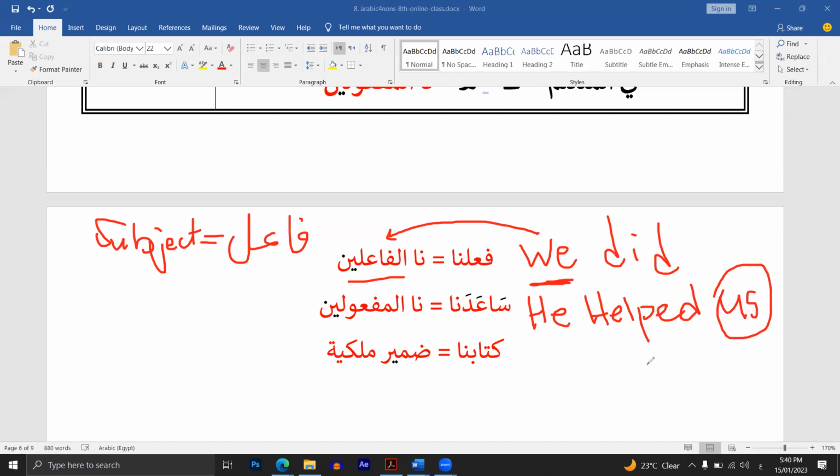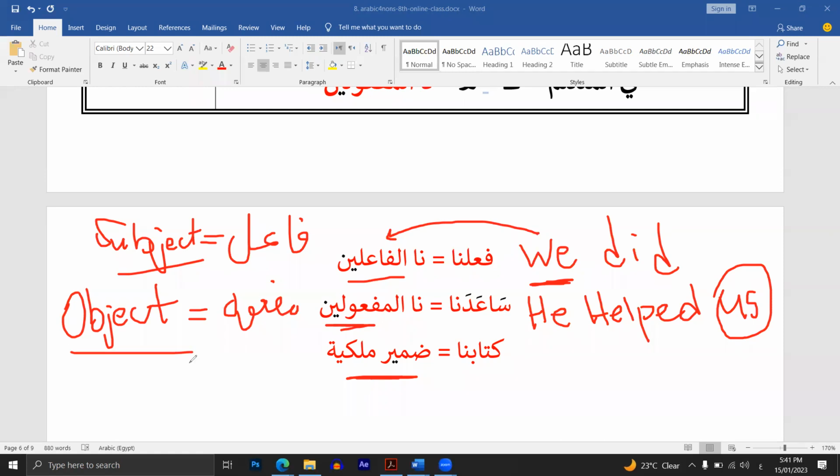Us here is the object. That's why we call it na al-maf'ulin. Maf'ulin is the plural of maf'ul bihi, which means object. But here, it's not either subjective or objective. It's what we call ضمير ملكية, possessive pronoun.